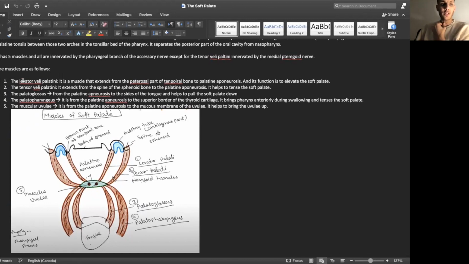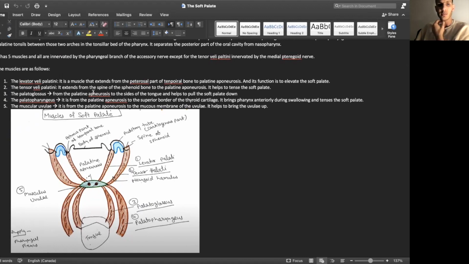Now, the levator veli palatini is a muscle that extends from the petrous part of the temporal bone to the palatine aponeurosis. Its function is to elevate the soft palate. Easy. When it contracts, it elevates it.